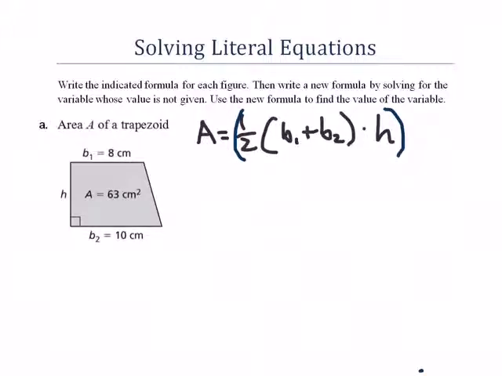Going to multiply that side by 2, going to multiply this side by 2. And 2 times 1/2 just gives us that 1, and we end up with 1 times (B1 plus B2) times h. And over here we have 2A.